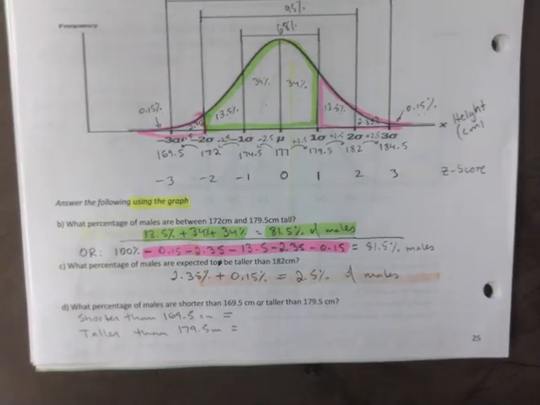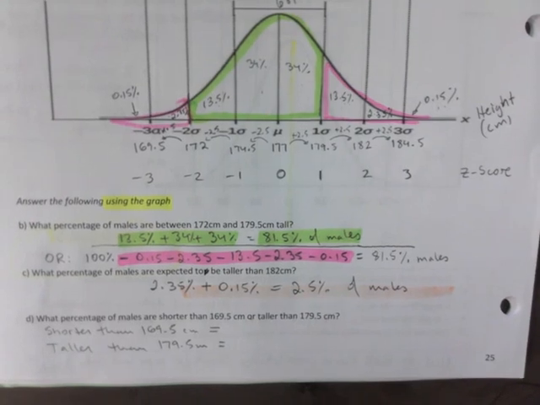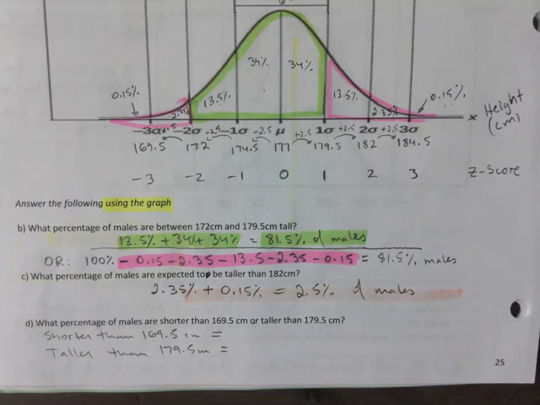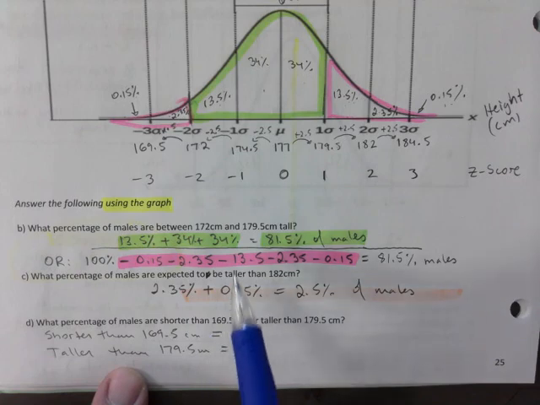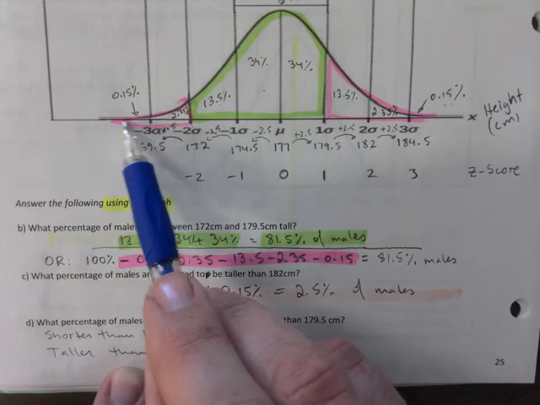Let me zoom in for that. Some of you are having a hard time seeing, I'm sure. Let me also focus. There we go. So shorter than, where's 169.5? It's right here, correct? What percentage is shorter? 0.15.